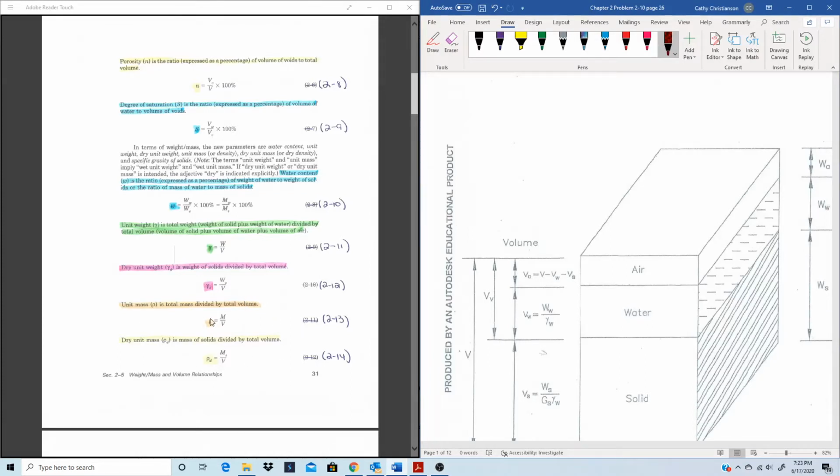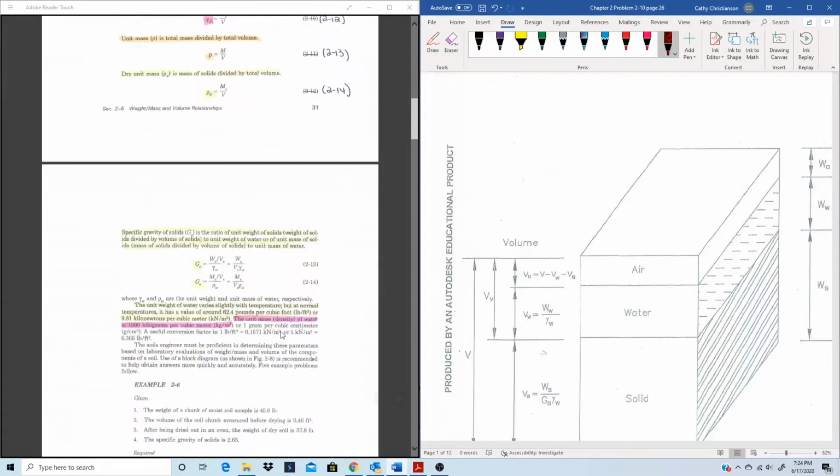And then here are the mass formulas, but I think everything that you're going to have on a test or have to do is not dealing with mass. Also today, in one of the problems, we're going to use equation 2.13. That's just a rearranged formula of this volume of voids over volume of solids formula.